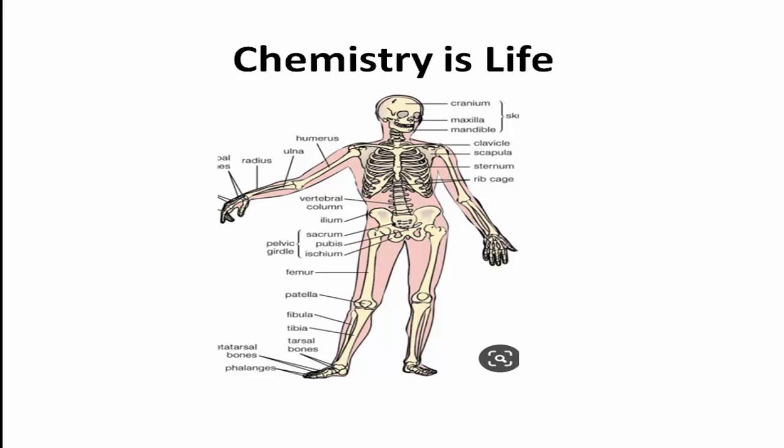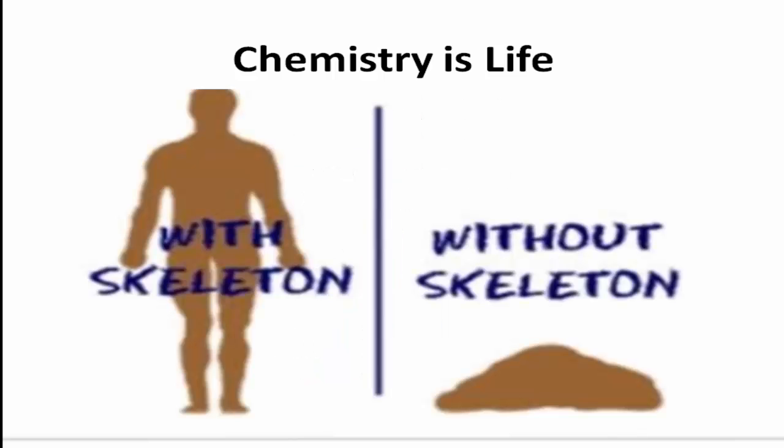It means that our life, the things around us and our body, all these things are dependent on chemistry. And the skeleton, meaning bones, gives a specific shape. Without a skeleton or without bones, our muscles would look like just a piece of fabric or a piece of cloth. It would not have any specific shape.